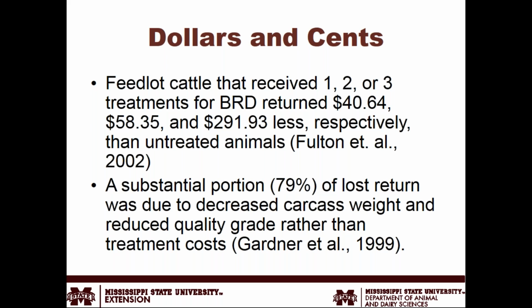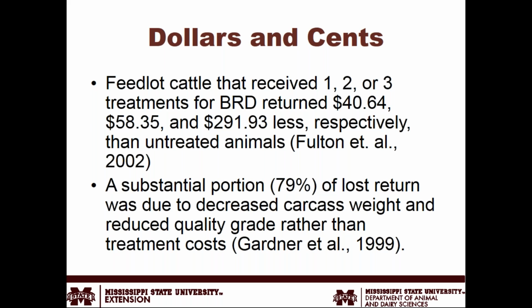There have been many studies that have looked at the economic impact of BRD, and a lot of times we compare animals that are not treated to animals that are treated 1, 2, or 3 times. In most cases, when an animal is treated 3 or more times, we call that animal chronically ill, and it's handled a little bit differently than an animal that's never been treated or been treated 2 times.